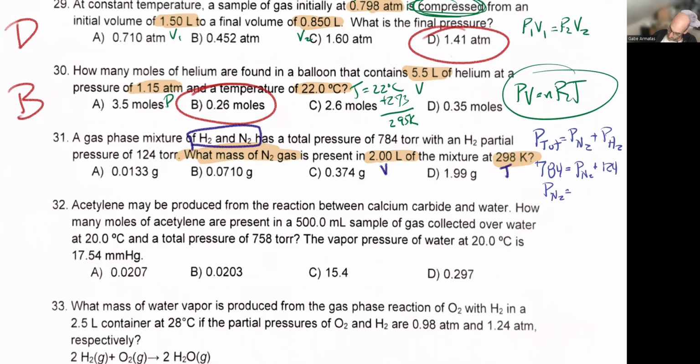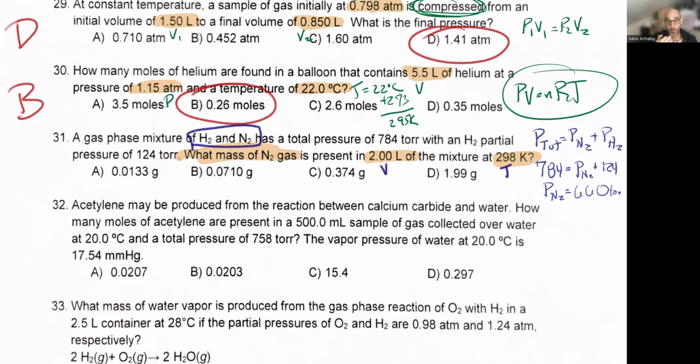660, I think that's right, 660 torr. We're going to have to convert, but 660. Okay, so now I've got pressure, but it's asking for mass of N2. Okay, so this seems complicated, but it's not.